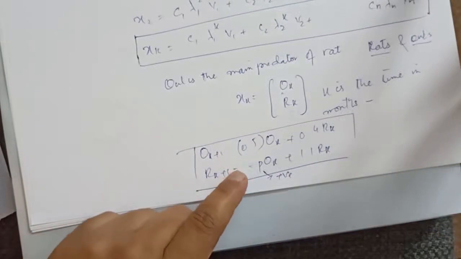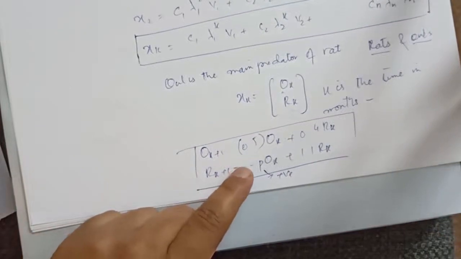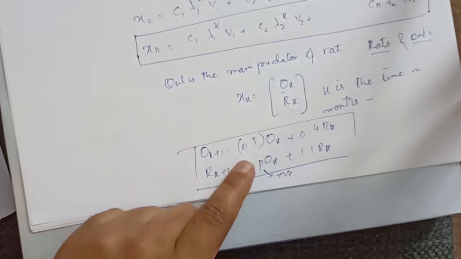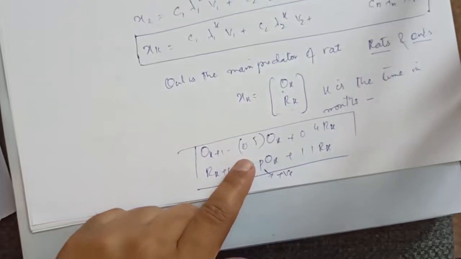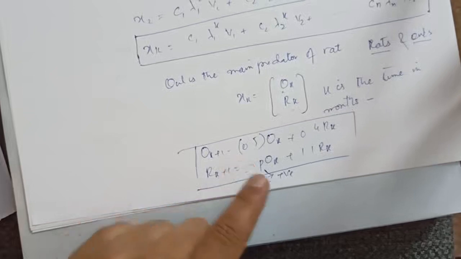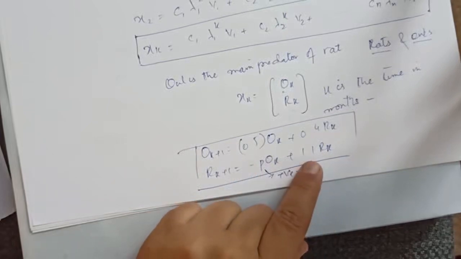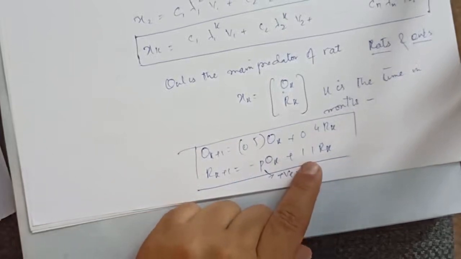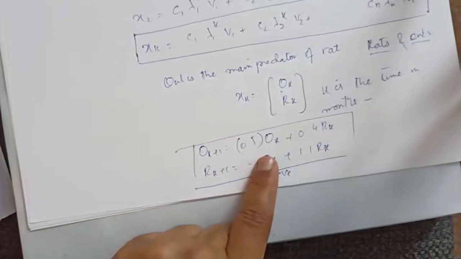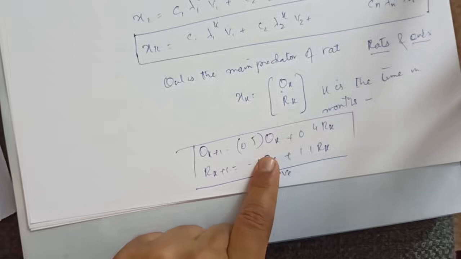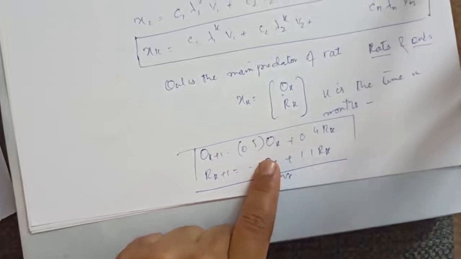The 0.5 O_k means that if there are no wood rats for food, only half the owl population will survive each month. In the second equation, if there are no owls, meaning O_k is 0, the population of the rats will grow by a factor of 1.1 each month.